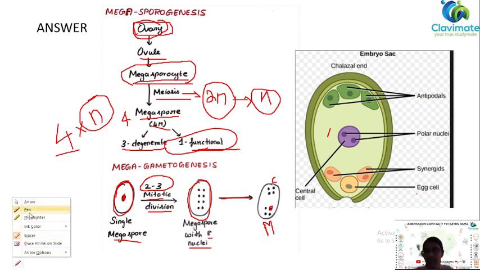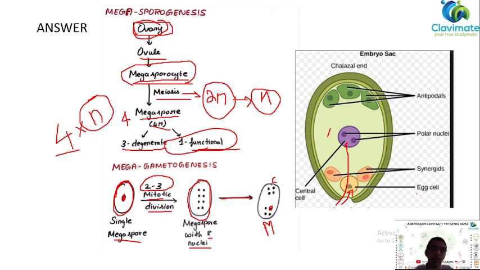One generative cell will go and fertilize the egg cell. Another generative cell will go and fertilize the polar nuclei. As I said before, the polar nuclei are two nuclei, so that is 2n, and the egg cell is n, with one nucleus.